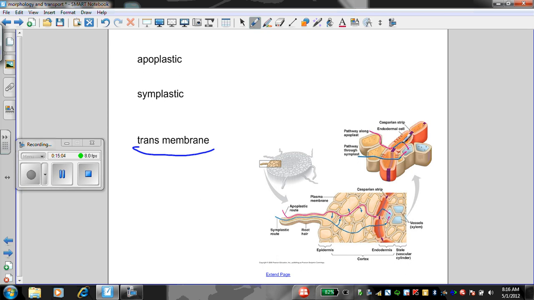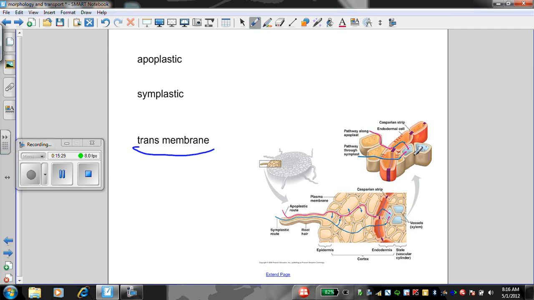So we're ensuring that we're doing a symplastic movement, so we're going through the actual cell, so the plant can guide or organize or fend off, or whatever the case may be, govern what is moving through the cell and going to get into the vascular system. Because once it gets in the vascular system, it can move now, right? It's no different than in a human.